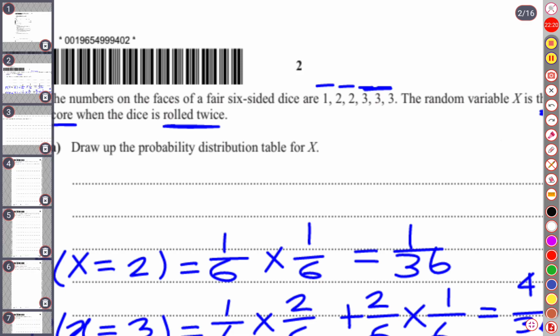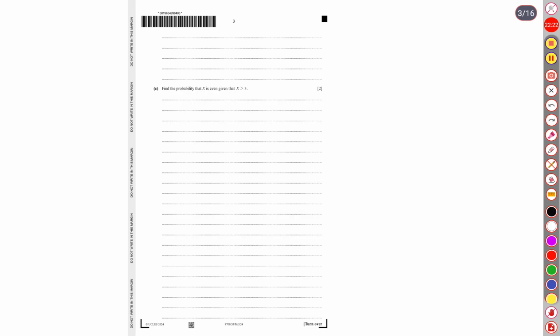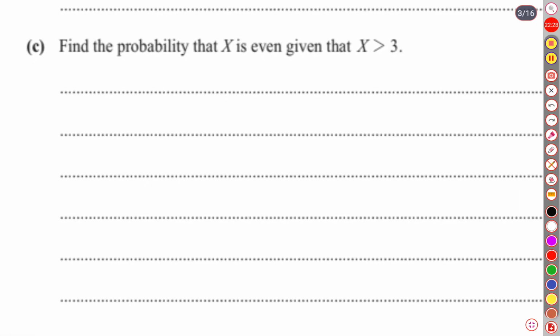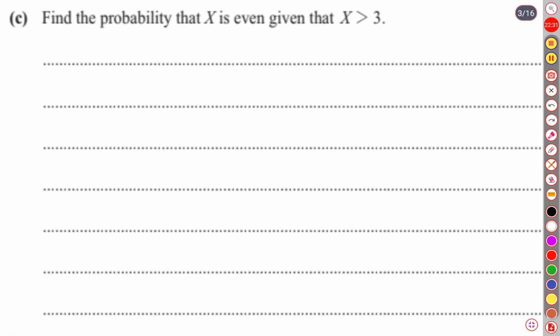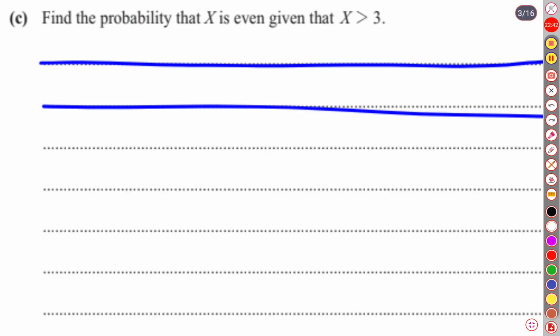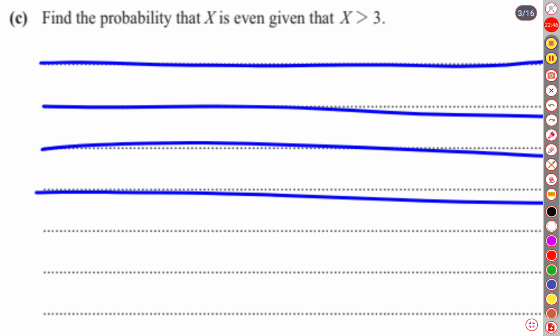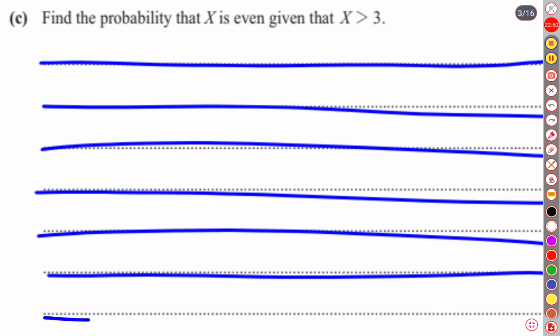Okay. So we are going to write the total scores of the faces. Let it be like this. 1, and then 2, 3, 4, 5, 6, 7.